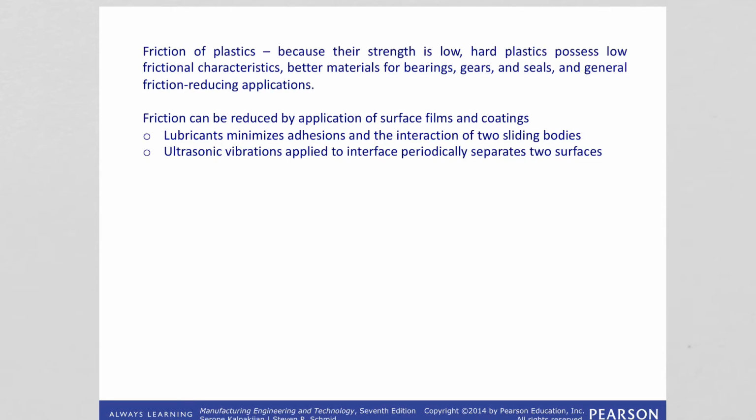How can we reduce friction? We need to be careful in selecting materials that have low adhesion, like carbides and ceramics, through application of surface films and coatings, and use of lubricants such as oil or graphite as a layer between the tool die and the workpiece, which minimize adhesion and interaction between two sliding bodies.